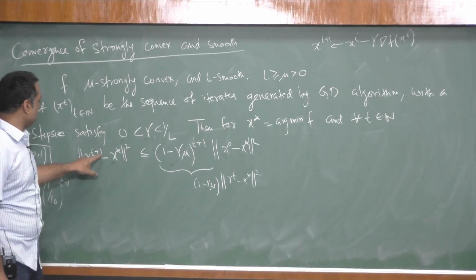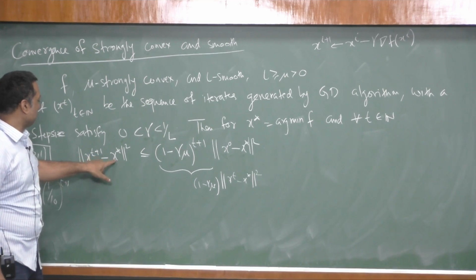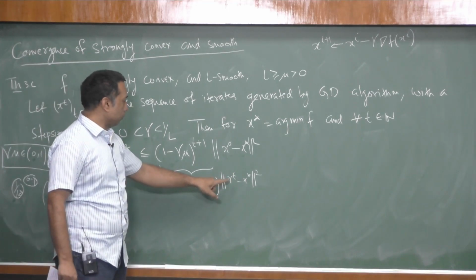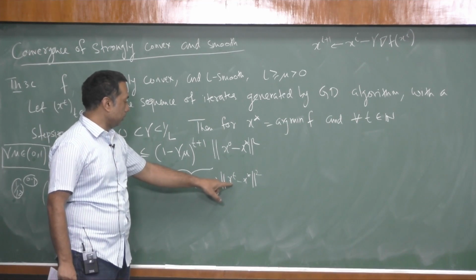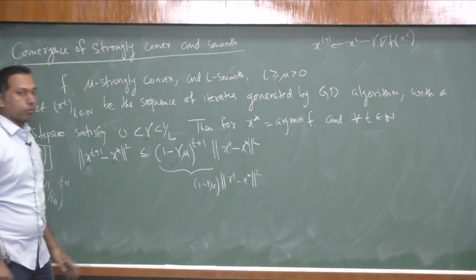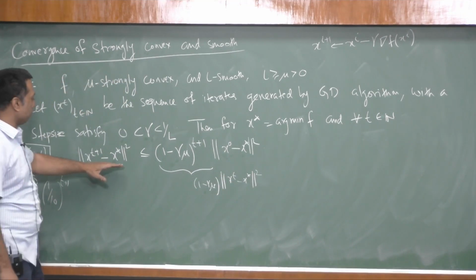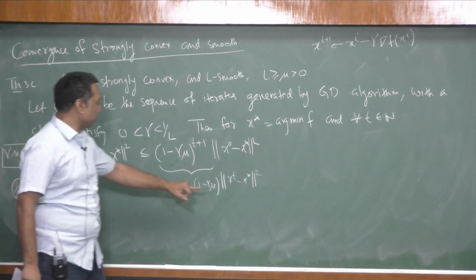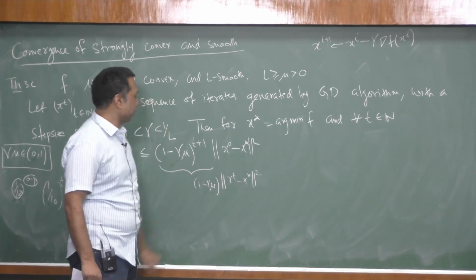Compared to my current t plus 1, the distance from the optimal is reduced by a factor 1 by 10 from the immediate last one. So when I am looking for rates of convergence, I am looking at t plus 1 and how much it contracted the previous one.